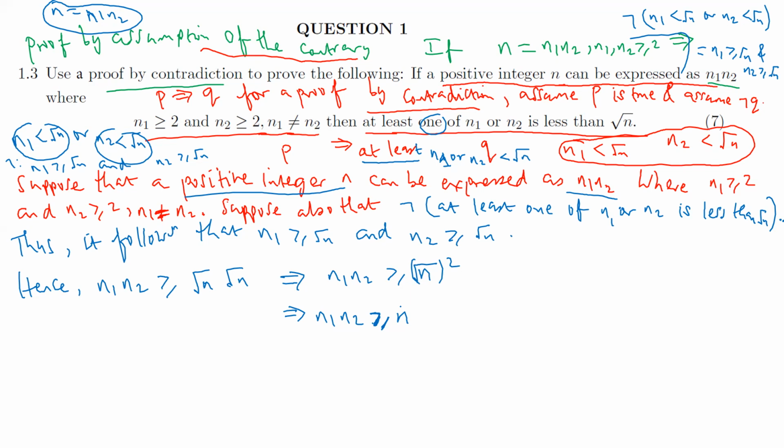Yes, so you need to compare this with the assumption n equals n1, n2. Obviously, you know that n is equal to n1, n2, and you have n here now, but n is equal to n1, n2. Right, so you'd have n is greater or equal to n.